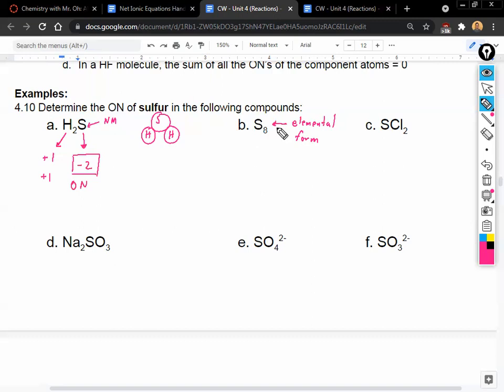So if S8 is sulfur's elemental form, what is going to be the oxidation number on sulfur here? 0, correct. And this is going to come from rule number 2, I think? 1, my bad. We follow rule 1. So sulfur here, this molecule is only made out of sulfur, which means it's its elemental form, and so it has an oxidation number of 0.